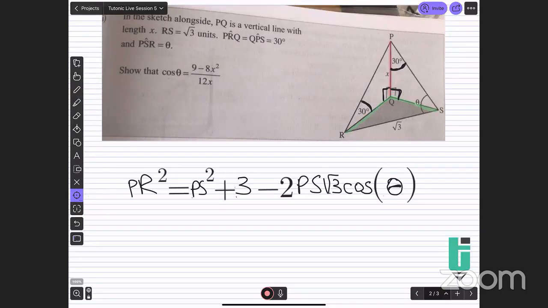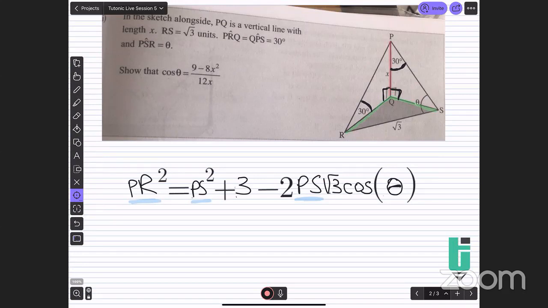Okay, let's just back step. How did you know that? Well, don't you have to get the PS in relation to x? Yeah, that's right. Do you guys see that PS and PR are not in here? We're going to have to replace them with something.